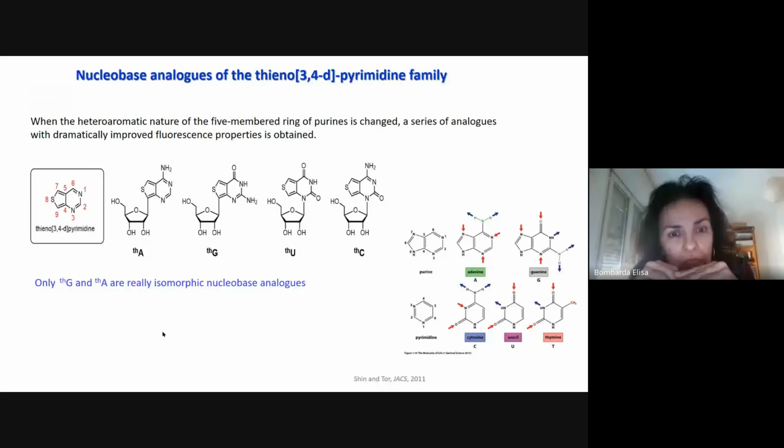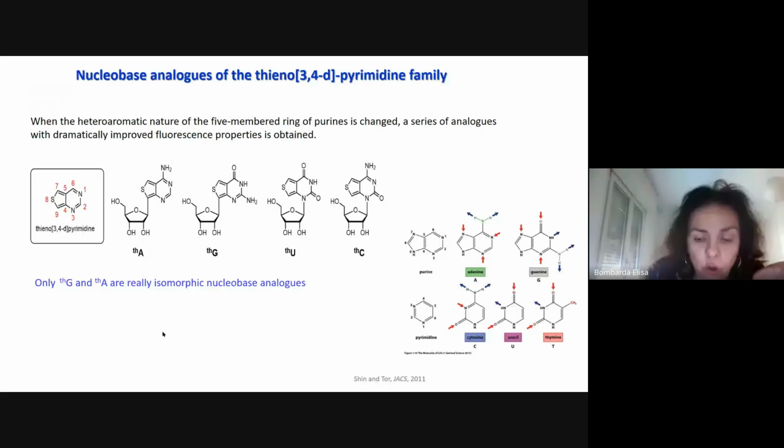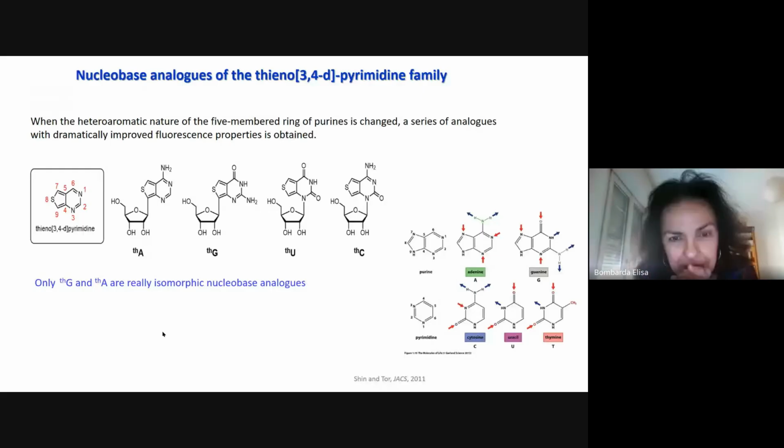Which may be a problem for certain types of mechanisms that we may be interested in, and moreover it has a complex photophysics. So maybe we can do better. We hope so, so scientists try to improve this story, to find a better isomorphic nucleotide analog.